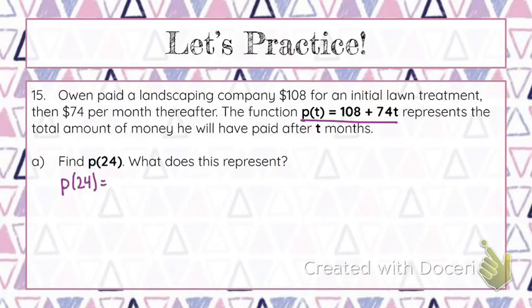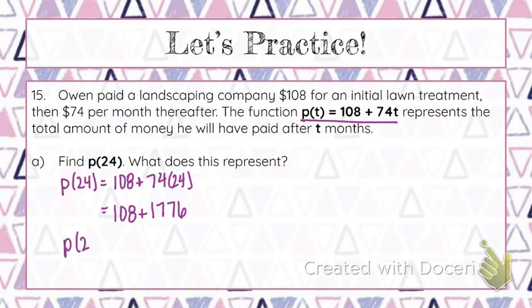and rewrite it. 108 plus 74 times T, but T is 24. This is going to give us 108 plus 1,776. And then you add those two together and we will get P of 24 to equal 1,884.